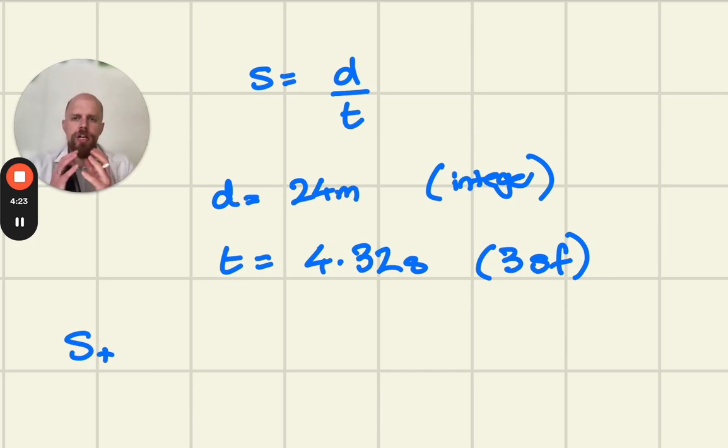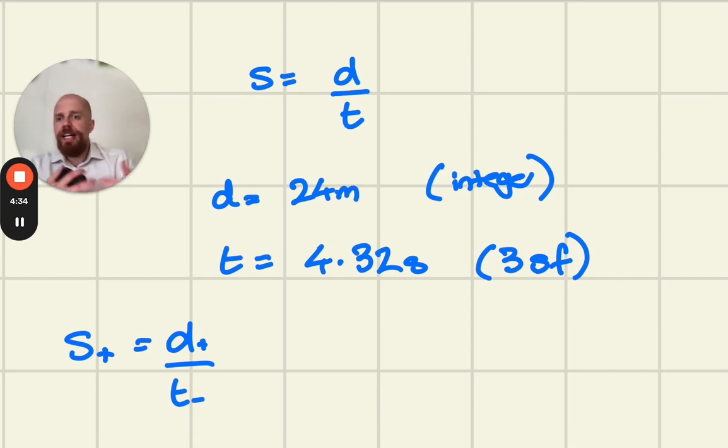But if you think about trying to find the largest speed, you want to cover the greatest possible distance in the shortest amount of time. Another way of thinking about it is when you divide by a smaller number, you get a larger number overall. So you want to take the denominator to be as small as possible. So we need to find the upper bound for the distance and the lower bound for the time. 24 is correct to the nearest integer, so therefore it's 24.5.